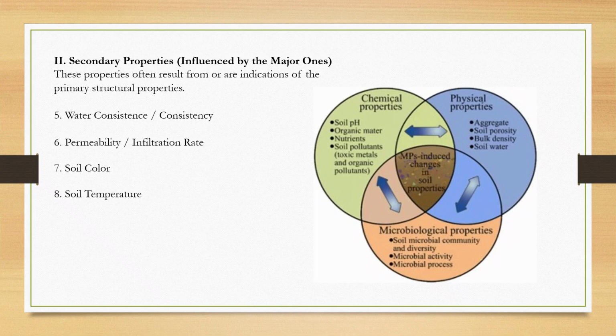If the soil is dark in color, it usually means it has high organic matter. If the soil is red or yellow, it indicates the presence of iron oxides and good drainage. If the soil is grey and mottled, that suggests poor drainage and waterlogged conditions.